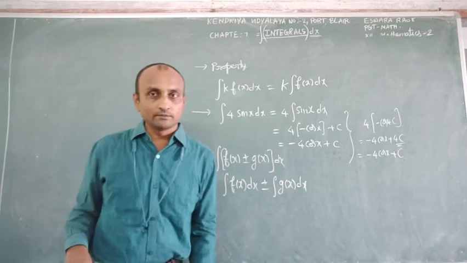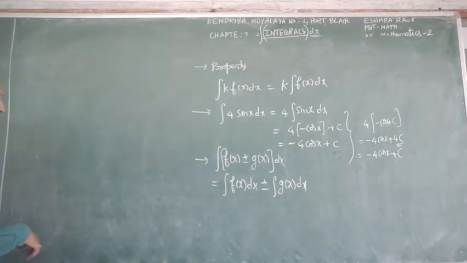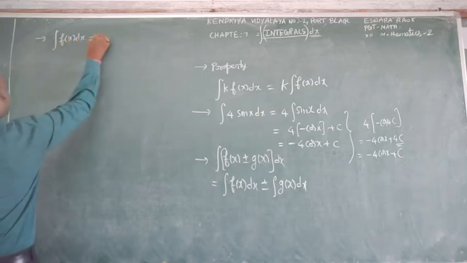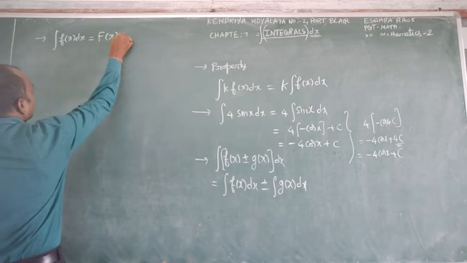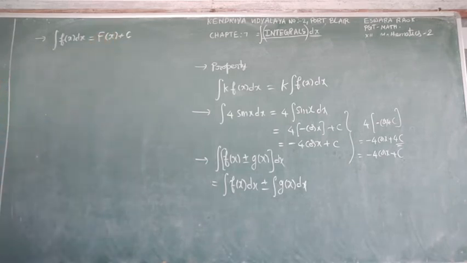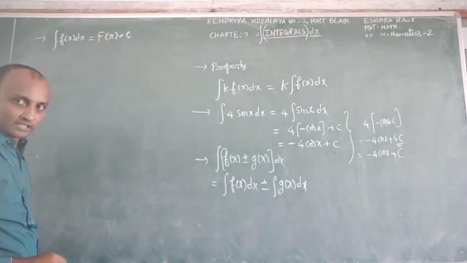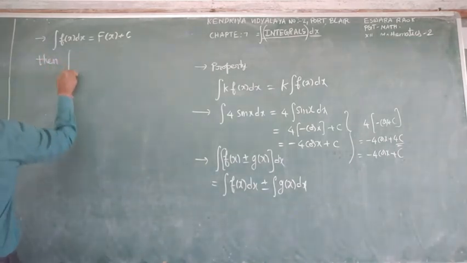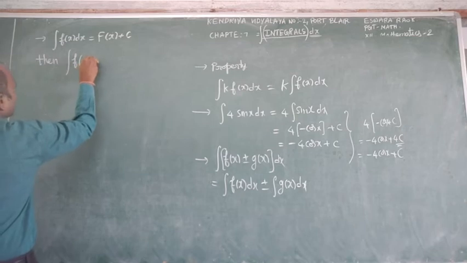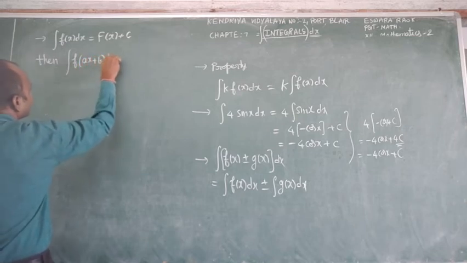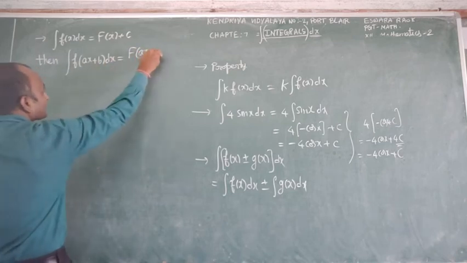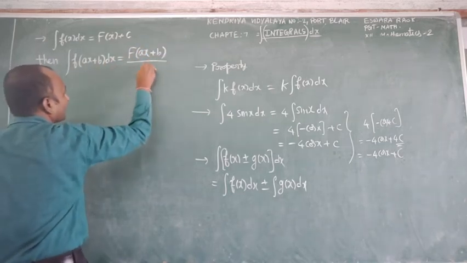And one more very important thing. Listen. See, if the integration of f of x into dx is capital F of x plus c, then I can say that the integration of f of some linear expression ax plus b into dx can be written as capital F of the same linear expression ax plus b, divided by a, plus c.